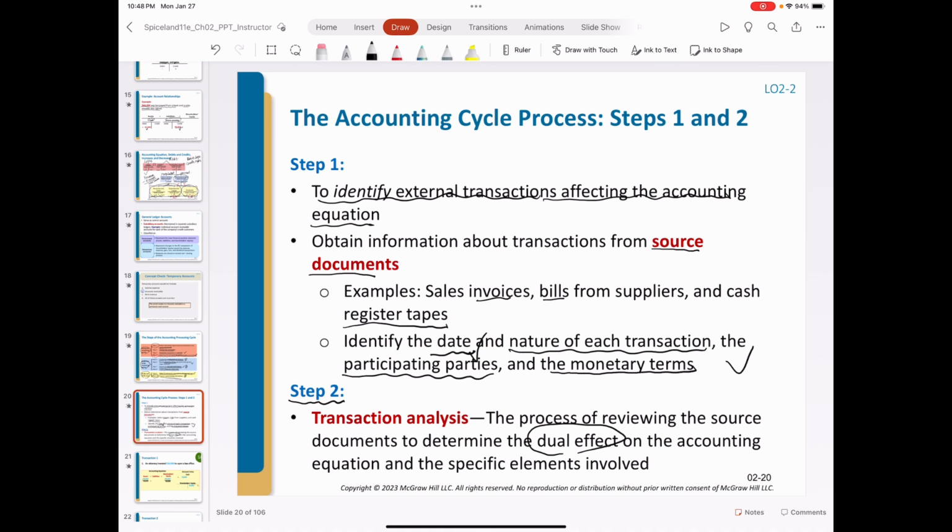In other words, what accounts are affected? Is it an increase or decrease? That's the transaction analysis. For the journal entry, we just use a standardized format. We call it a journal entry to record this transaction into the journal. All transactions, no matter where they are recorded or in what format, will finally be converted into standardized journal entries. That's the purpose of the first three steps.